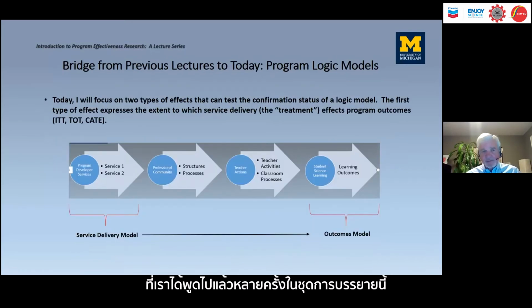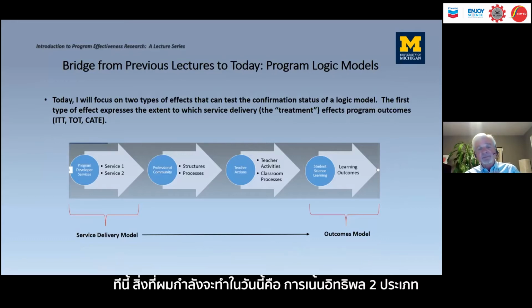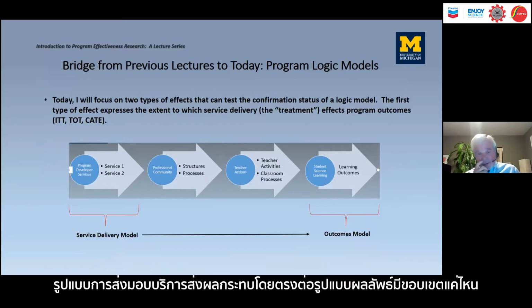Now, what I'm going to do today is focus on 2 types of effects that really test the confirmation status of a logic model. The first are types of effects that express the extent to which the service delivery model directly affects outcome models.